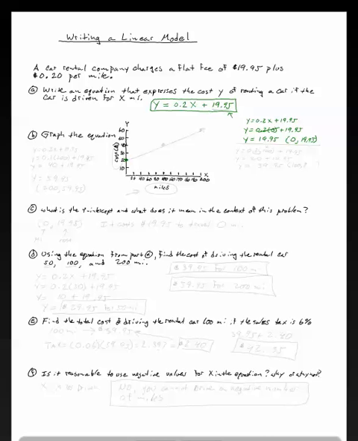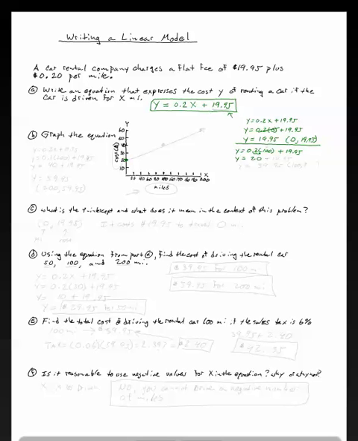Now we want to pick some other easy ones. So the first one I'm going to pick is to let x equal 100. So y equals 0.2 times 100, plus 19.95. To multiply by 100, you're just moving that decimal place 2 places to the right.